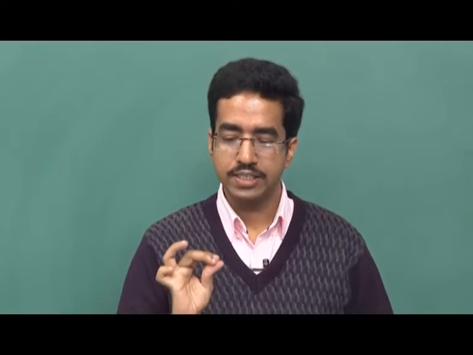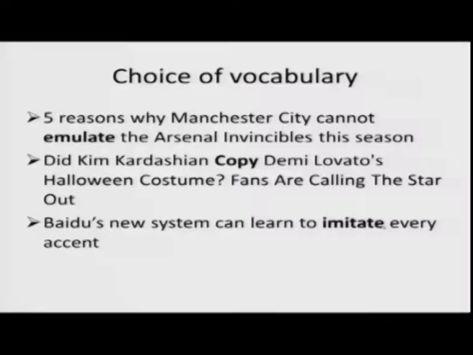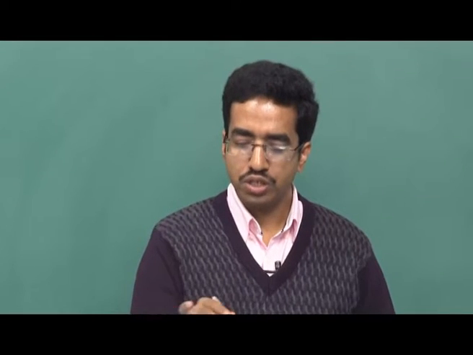Here this is something undesirable. So, look at the stark contrast between emulate and copy. The third sentence, imitate, has been used in the context of artificial intelligence, and therefore, here it takes a different sense altogether. Probably using the word copy here would sound inappropriate. So, the choice of word very clearly matters a lot.